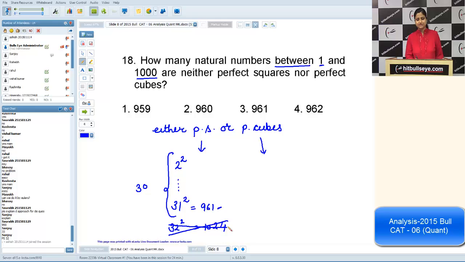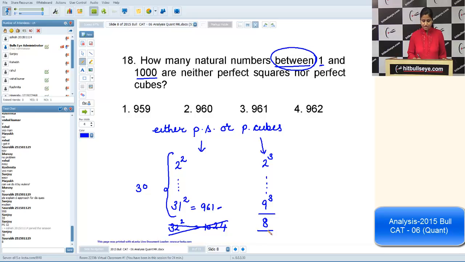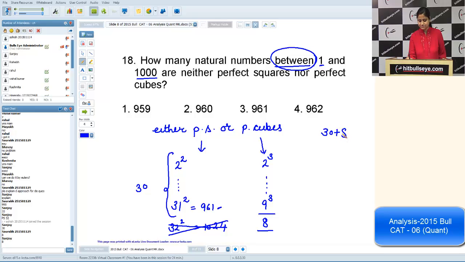Now coming to perfect cubes. We cannot consider 1 because of this word between. So we will start from 2 cube. We have to stop at 9 cube because 10 cube, 1000, is not included in this range. So how many numbers are these? These are 8 numbers. So in total 30 plus 8.